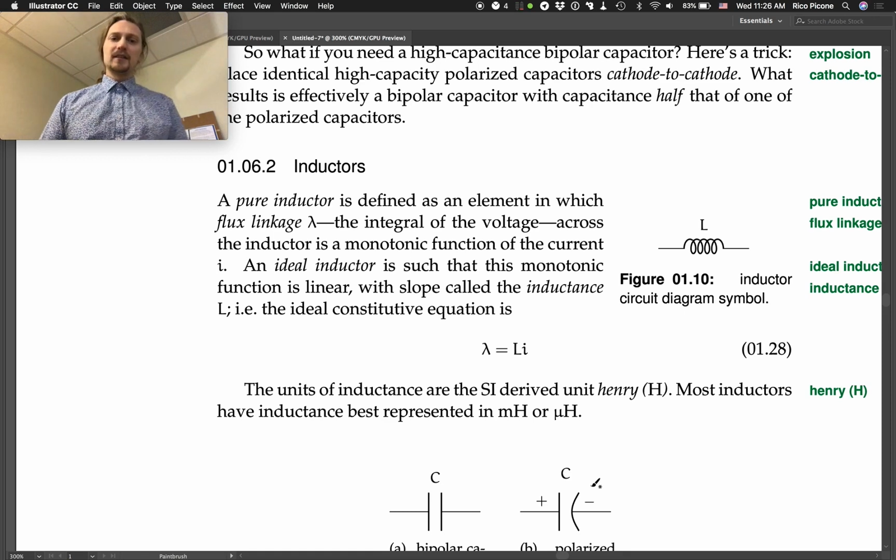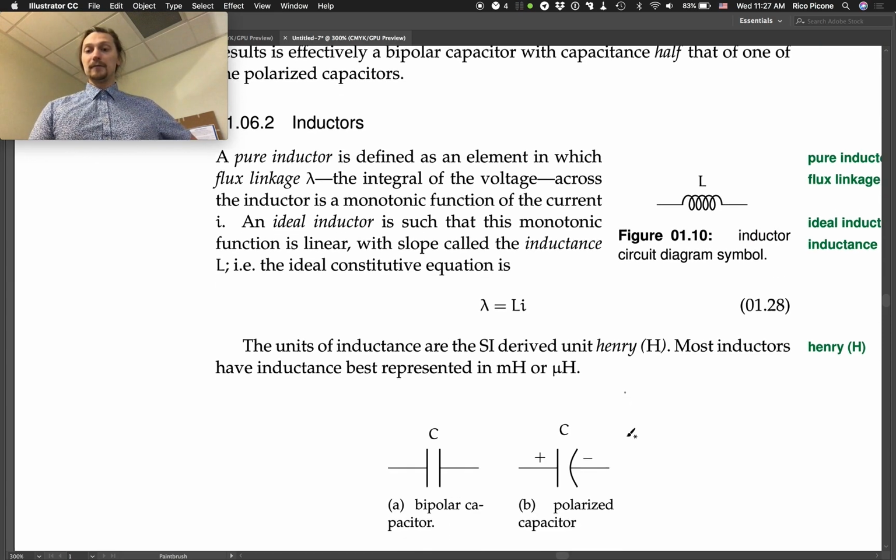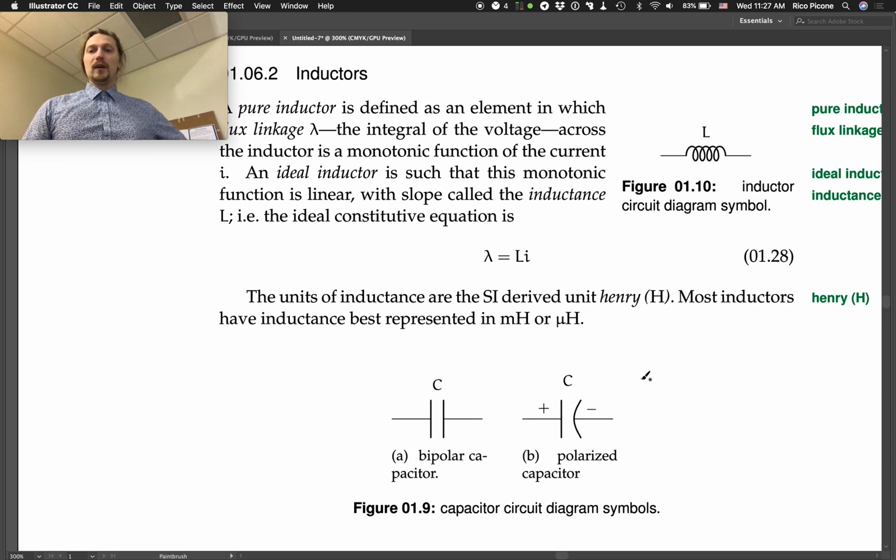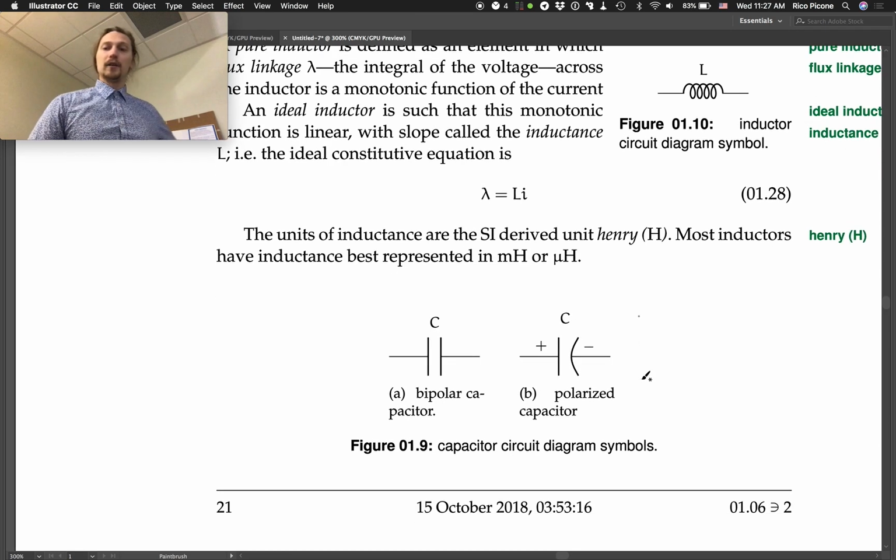An ideal inductor is such that this monotonic function is linear, with slope called the inductance L, i.e. the ideal constitutive equation is that the magnetic flux linkage lambda is proportional to the current with constant of proportionality L, which has units of inductance, SI derived unit Henry, H. But, of course, most inductors have inductance best represented in millihenries or microhenries.